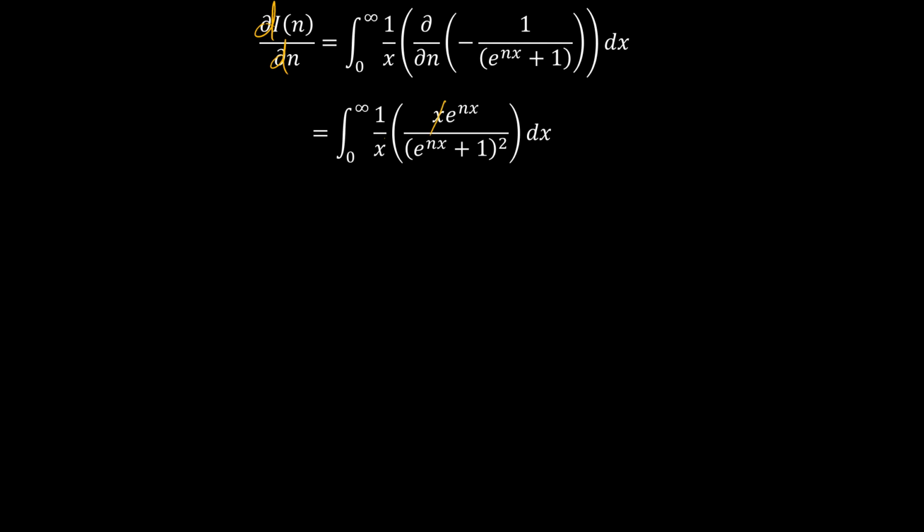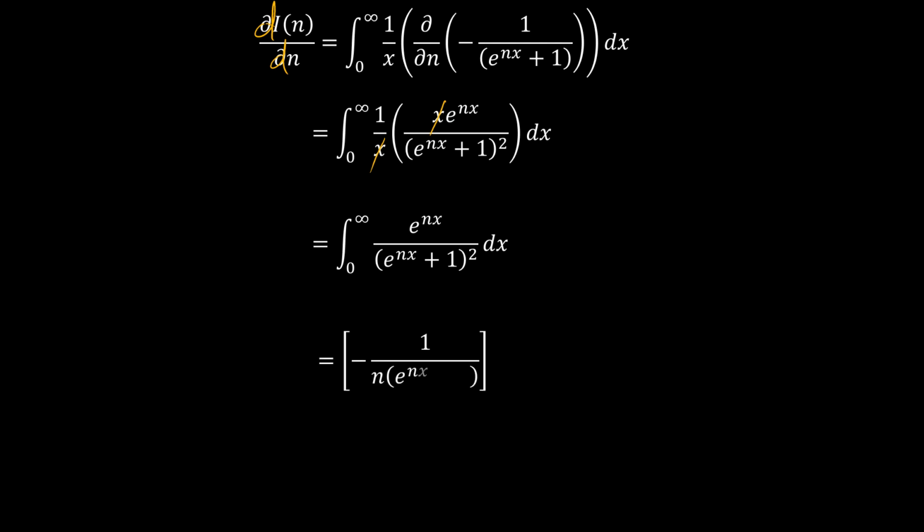And this x and that cancel. So now we have an integral of e^(nx) over (e^(nx) plus 1) squared. So that integrated becomes negative 1 over n times (e^(nx) plus 1) from 0 to infinity.